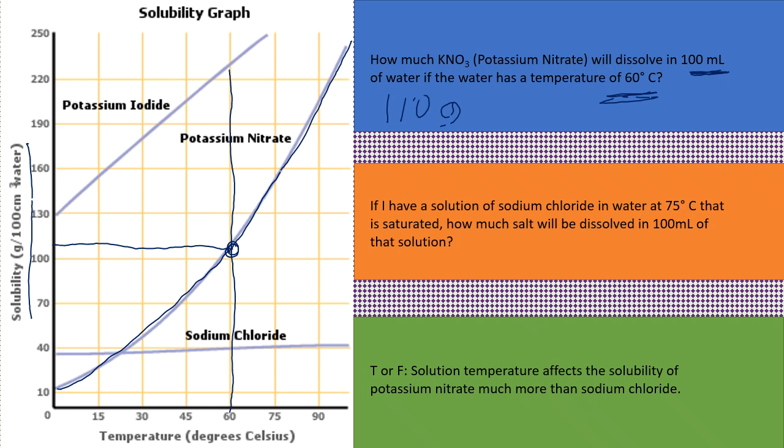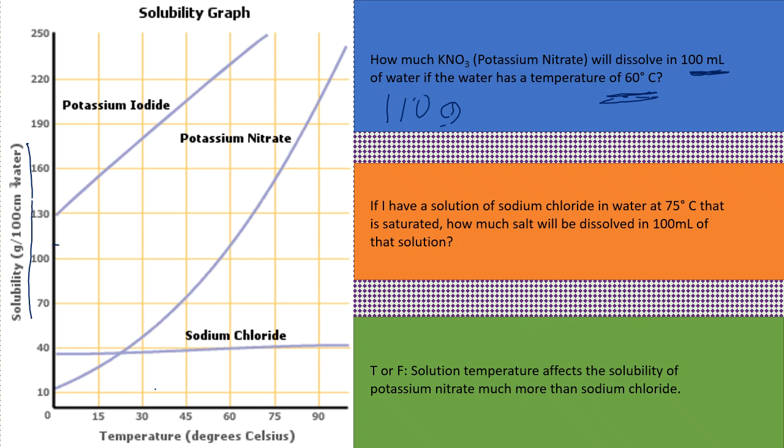The next question says, if I have a saturated solution of sodium chloride in water at 75 degrees Celsius, how much salt will be dissolved in 100 milliliters of that solution?